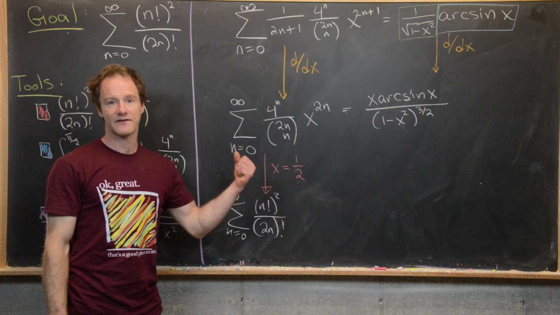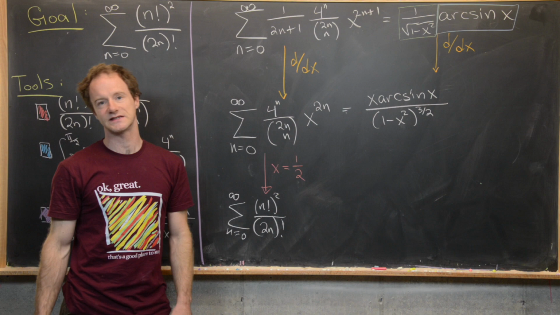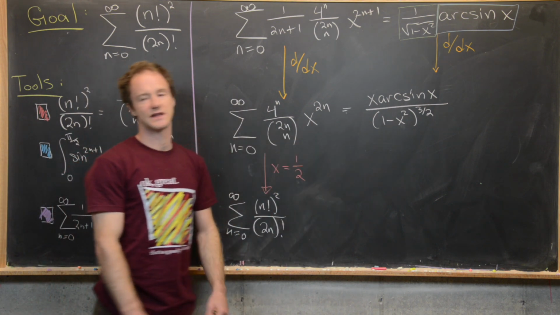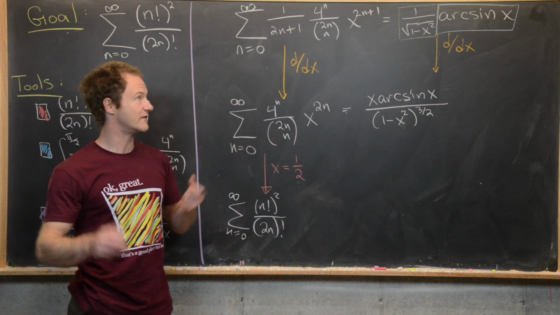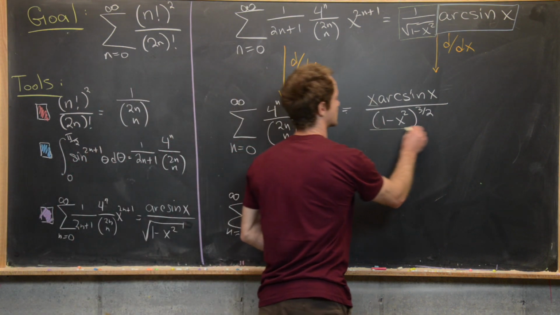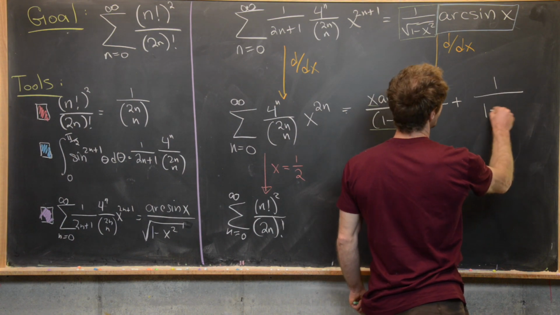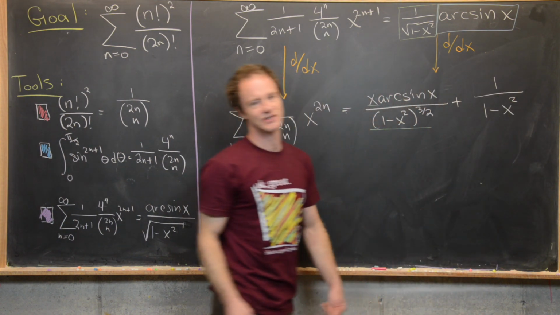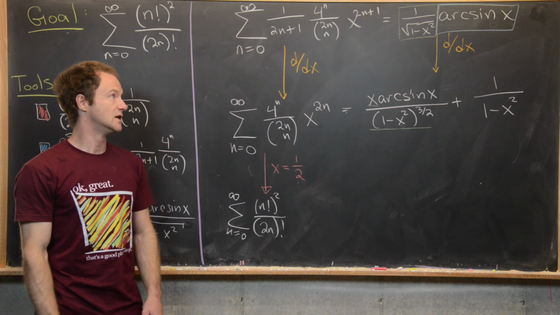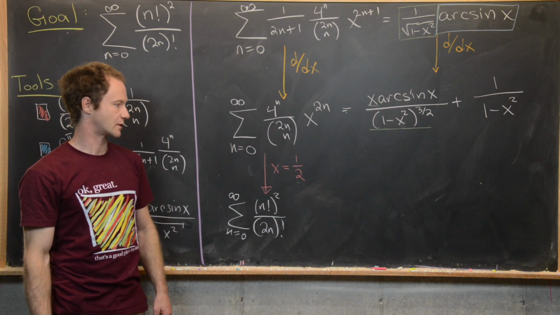And then the -1/2 that comes down cancels with the -2 from taking the derivative of minus x squared. We still get the x there though. So that's the derivative of the part in green. Now next we have plus 1 over 1 minus x squared, and we get that just from taking the derivative of arc sine, which is this other part in green. So those combine together to kill a square root.